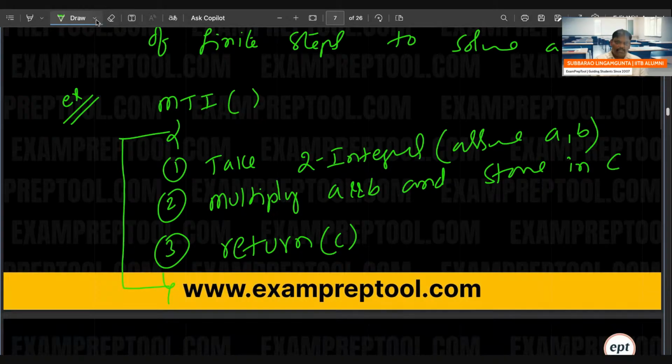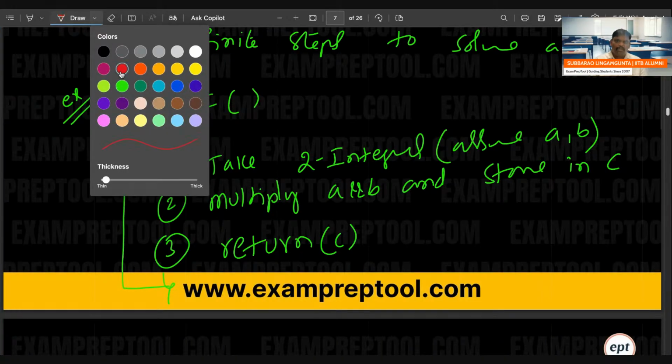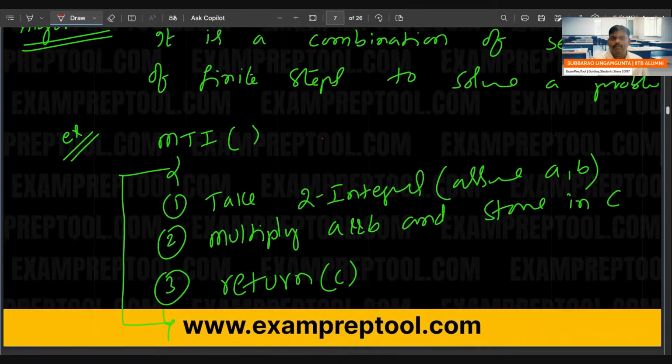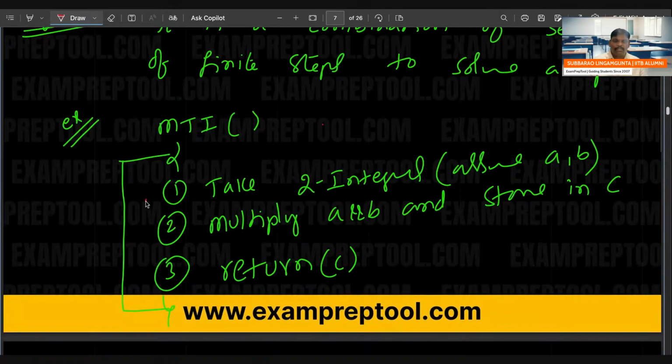Some people are asking, sir, how can you say it is an algorithm? See the definition. It is a combination, and remember, combination means all are compulsory. It is a sequence: after the first step, the second step comes, then the third. Next, finite steps. You can check that 3 steps are there.